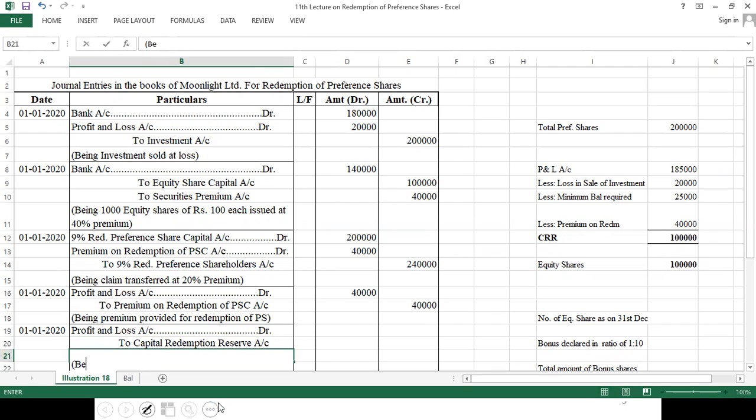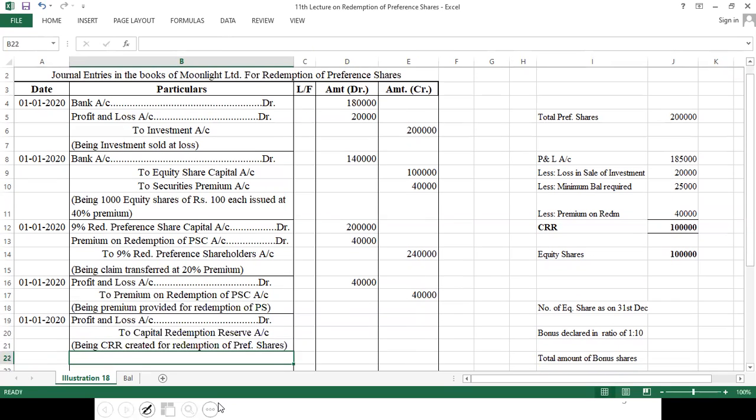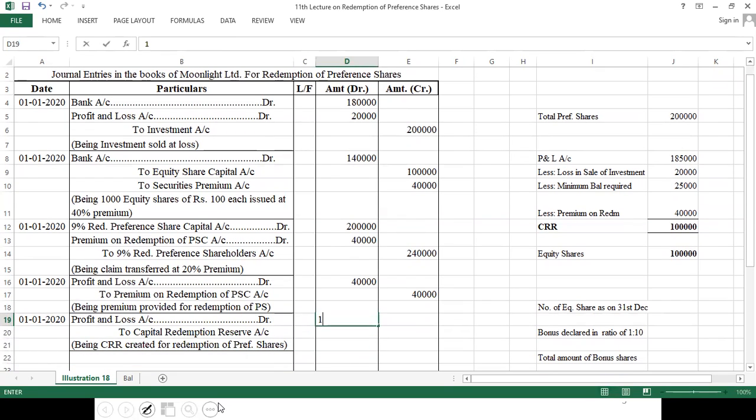Okay, being CRR created for redemption of preference shares. Okay, amount is 1 lakh rupees.